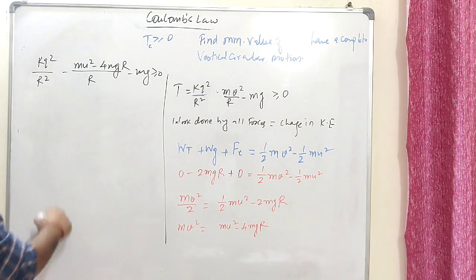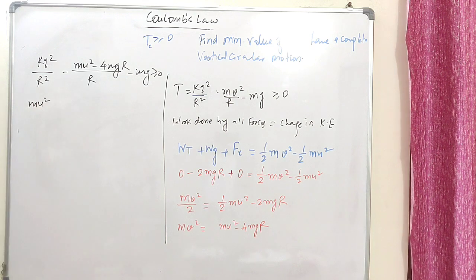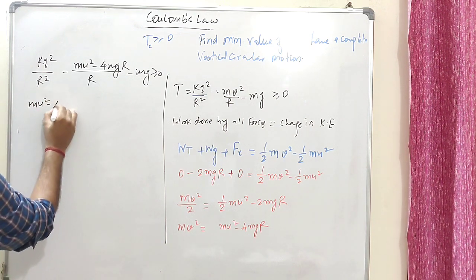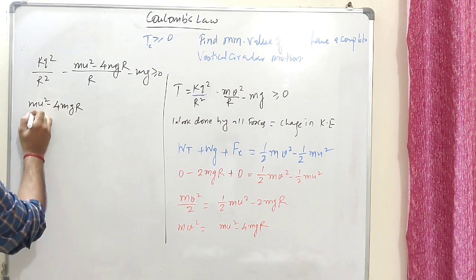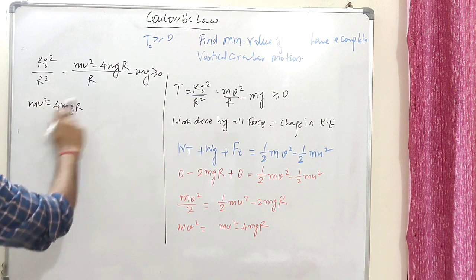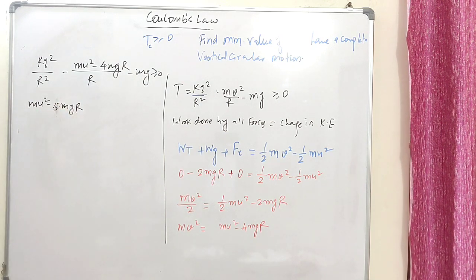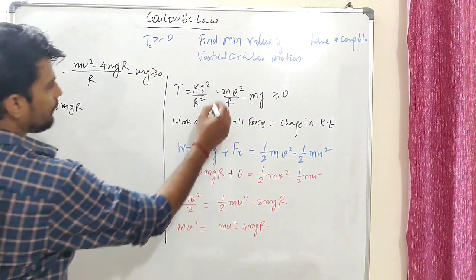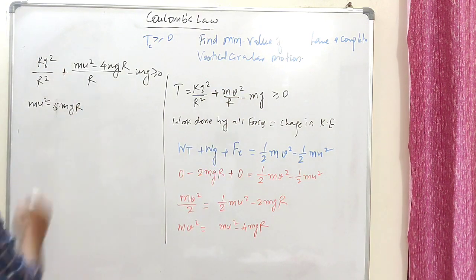Okay, so if I just solve it, I'll be having mu square, minus 4mgr, and if I do the calculations, I'll be having, let's say, minus 5mgr. Fair enough? Okay, well, this should be plus.